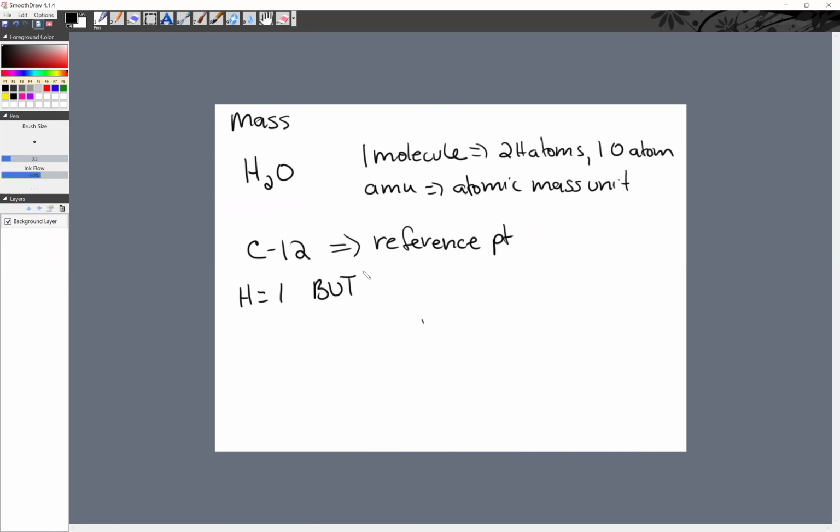But remember, that is a weighted average of all the common isotopes. So you're never going to get just the number 1. You're going to get some kind of a ratio. So if it's over 1, that means some of the isotopes must have been over 1. But again, it depends on how many there are.